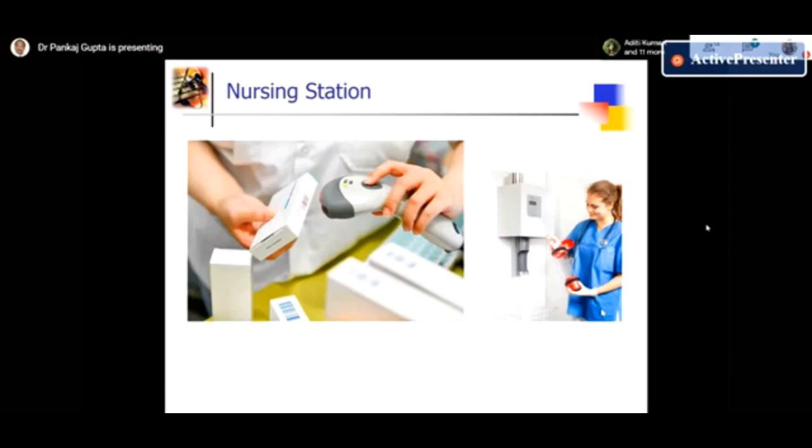The nurse takes it out and scans it with a barcode scanner again. The system again validates that this is the medication prescribed by the physician, and that the quantity is right. If it is not matching, it will beep: not allowed, not allowed.